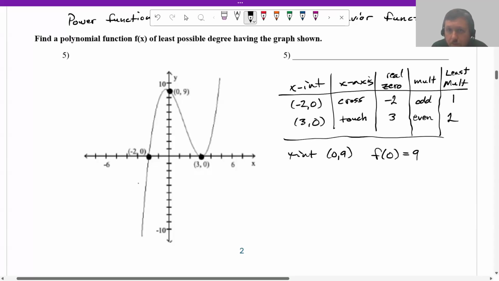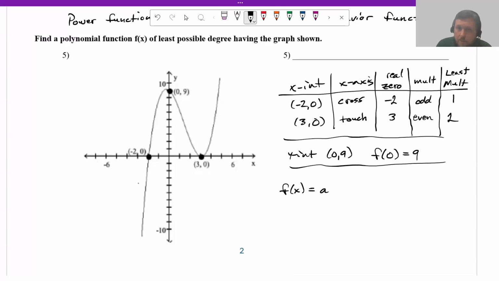Okay, so let's put some of this together. So we can say that f of x, and I need some leading coefficient in front of everything. I'm just going to call it a. And then I have a -2 as a 0, so I'm going to write a factor that has x plus 2.